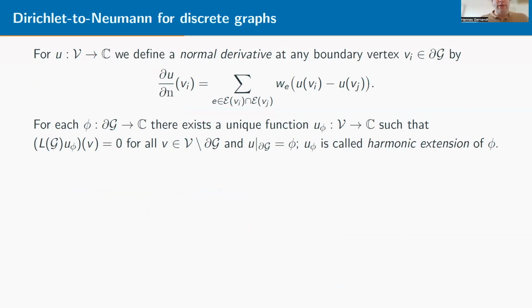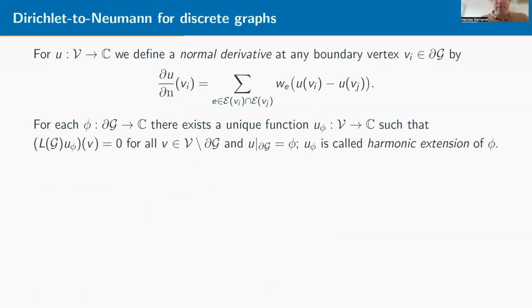So towards the Dirichlet to Neumann map for discrete graphs, let us consider the normal derivatives at the boundary vertices, which are defined in the following way. If Vi is a boundary vertex, just consider here the sum, and it resembles a difference. You can really think of this as some discrete derivative.